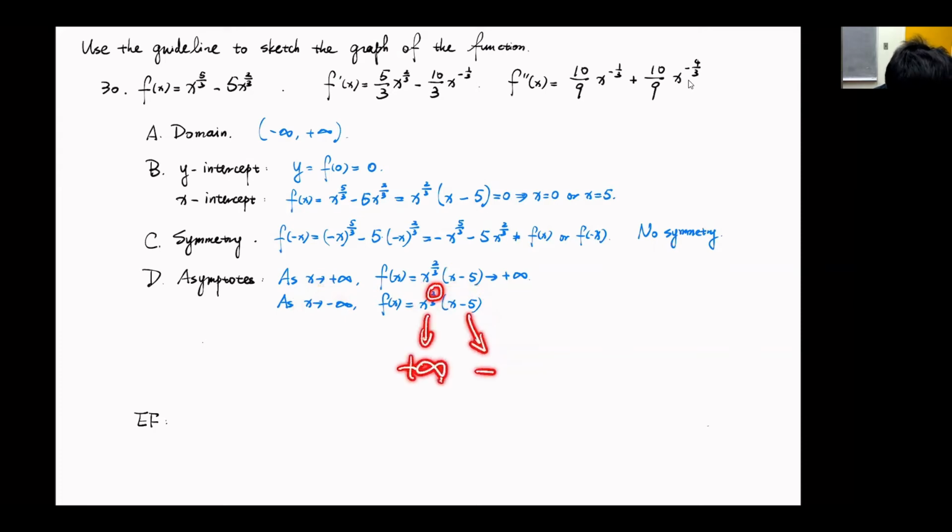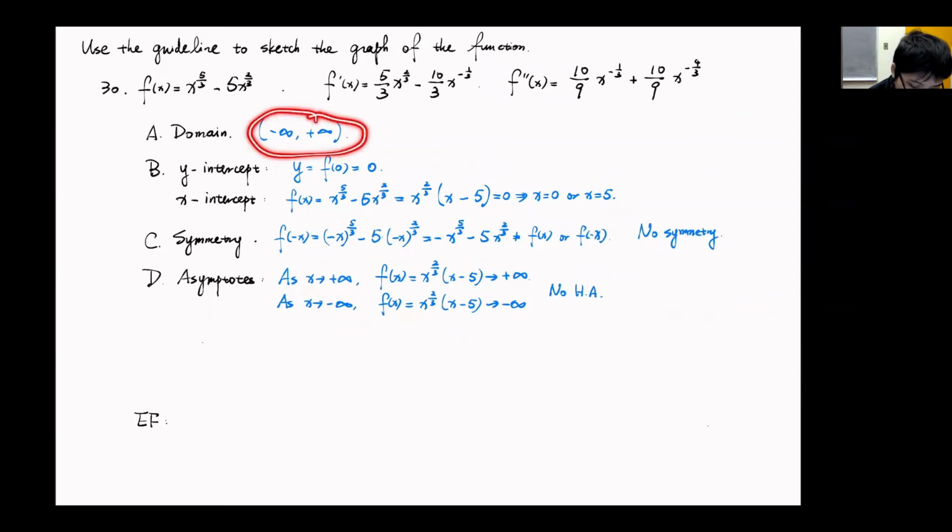So what I will get is the product of one very large number together with one very negatively large number. So the answer will be negatively large. So that's how I get the limit to be minus infinity. So in particular, there's no horizontal asymptote. Okay, so do we have vertical asymptotes? Well, because the function is defined everywhere, we can also conclude that there are no vertical asymptotes. Okay, so this is the analysis of the asymptotes.